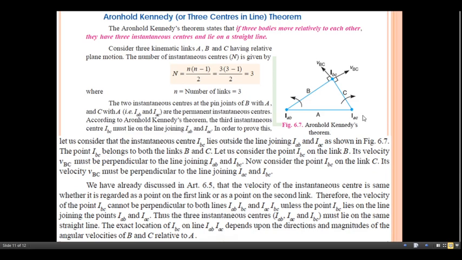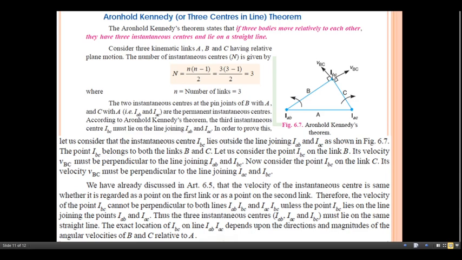Thus the three instantaneous centers IAB, IBC and IAC must lie on the same straight line. The exact location of IBC on the line joining IAB and IAC depends upon the direction and magnitude of the angular velocities of B and C relative to A.